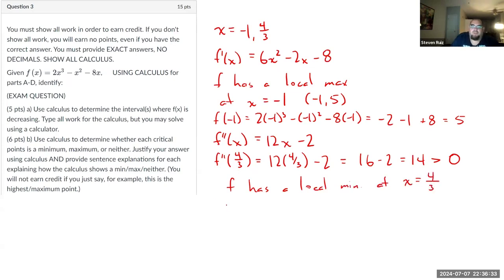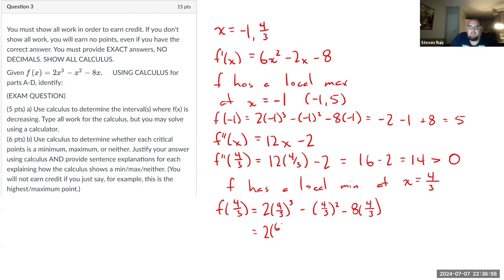So let me get you a y coordinate there. F of 4/3 is equal to 2 times 4/3 cubed minus 4/3 squared minus 8 times 4/3.